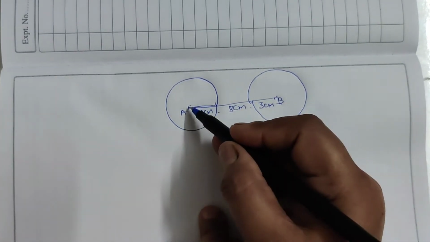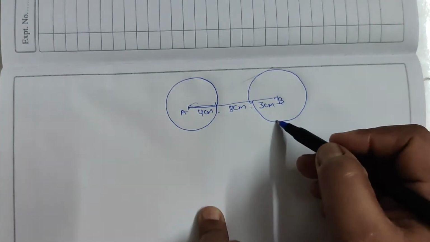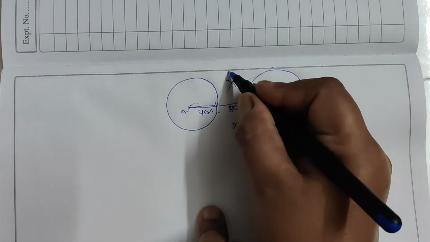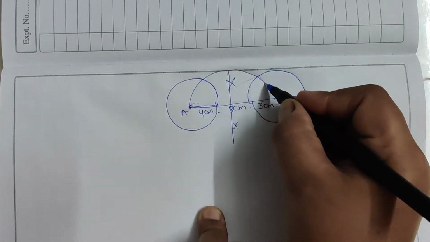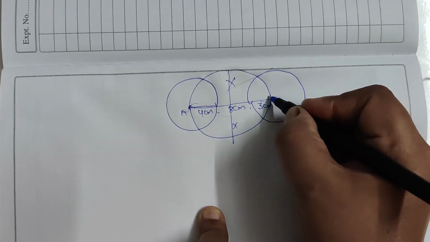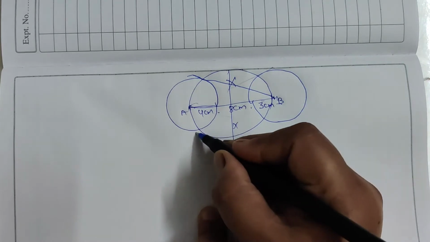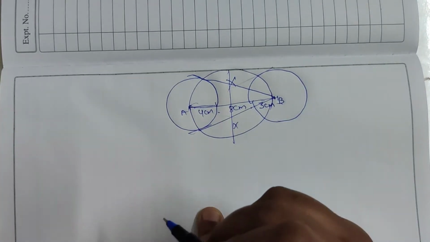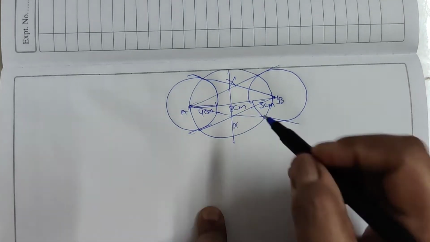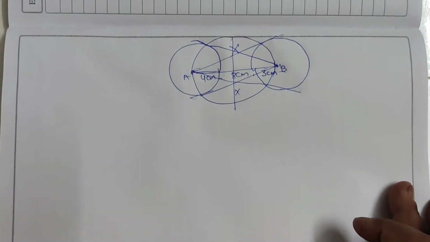And make the tangents from A to the circle at B. So how can you draw? Perpendicular bisect AB and make a circle from B touching this point. This is the tangent from B and this is the tangent from A. Such a type of figure you will draw.